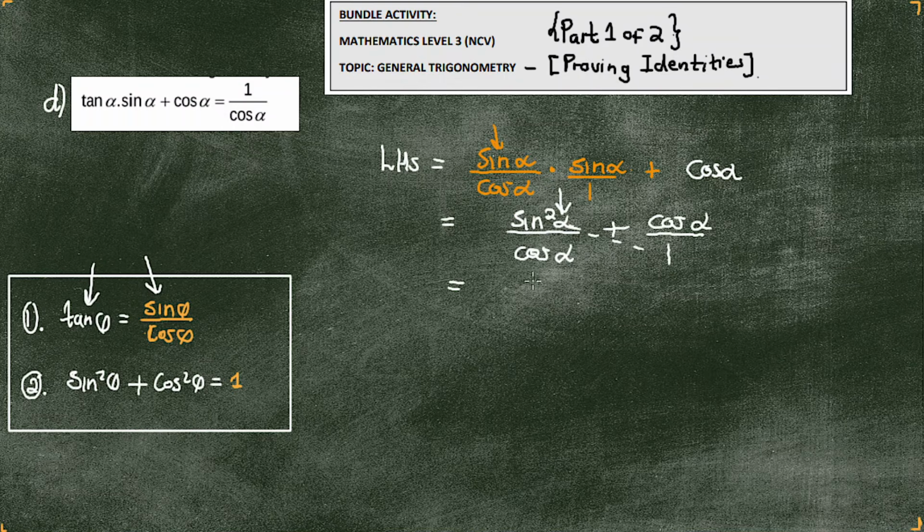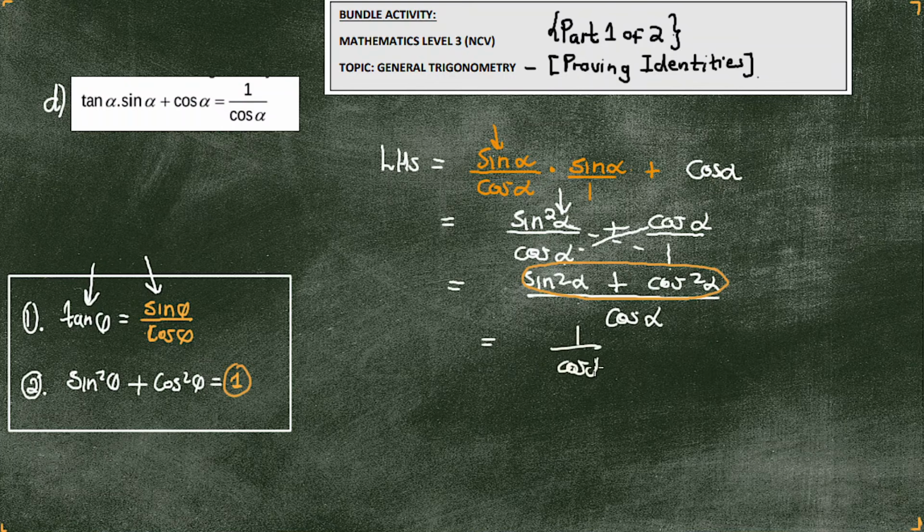Do the butterfly method. 1 times sine squared, it's sine squared alpha plus cos times cos, that's cos squared alpha, over 1 times cos alpha, it's gonna be cos alpha. Now this is actually an identity, so it should be changed into 1. So it's gonna be 1 over cos alpha, which is the same as the right hand side.